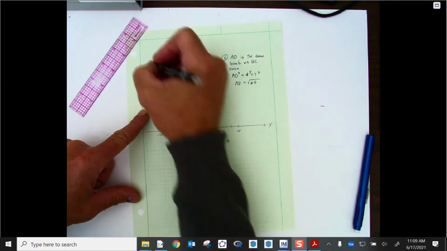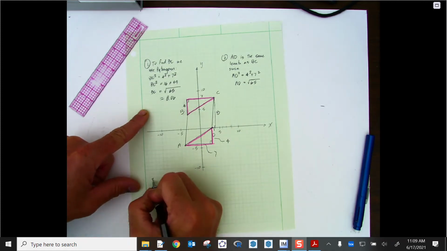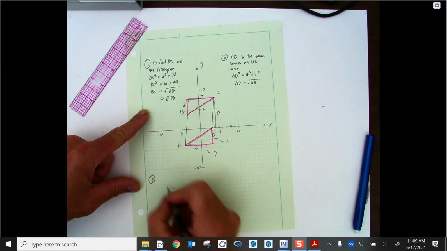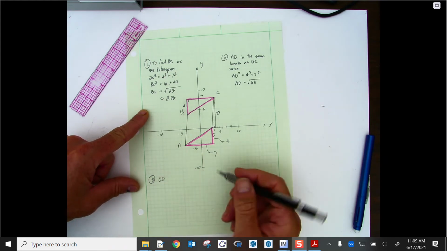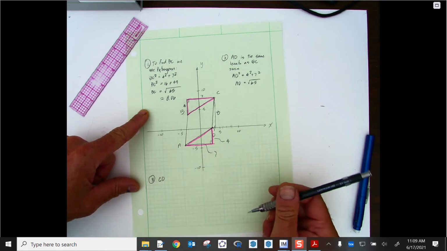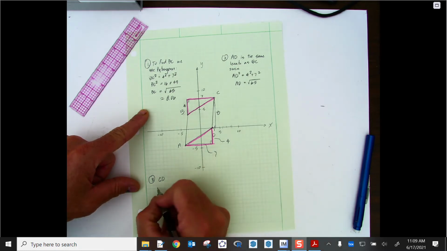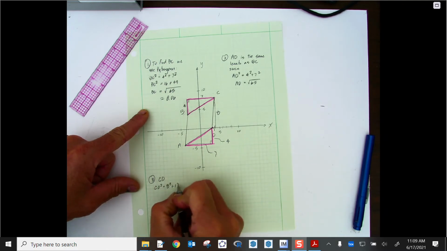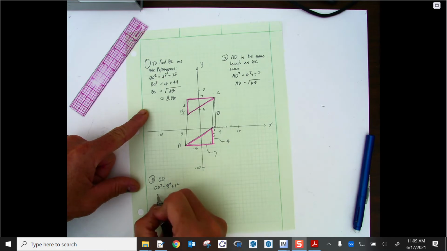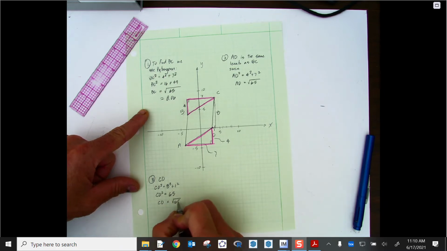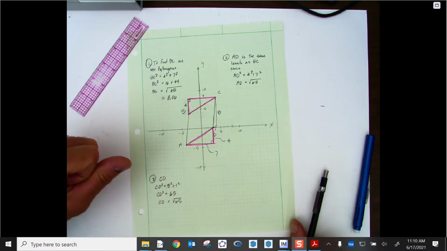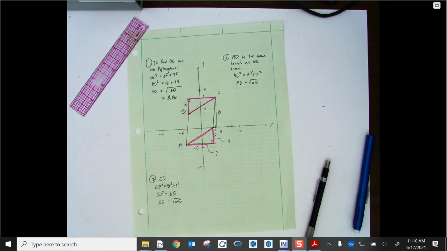So for number 3, CD squared is going to be 8 squared plus 1 squared, and what's kind of neat here is that that's 65, right? So we can see that CD will have to be the square root of 65. So indeed, that one works out just like it should.